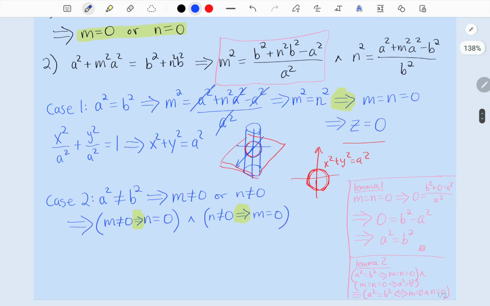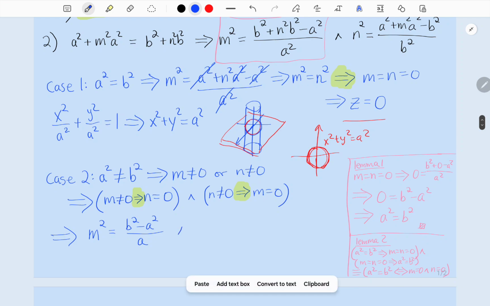So if m is non-zero and n is 0, then what does this mean? This implies that m squared is equal to b squared minus a squared divided by a squared.